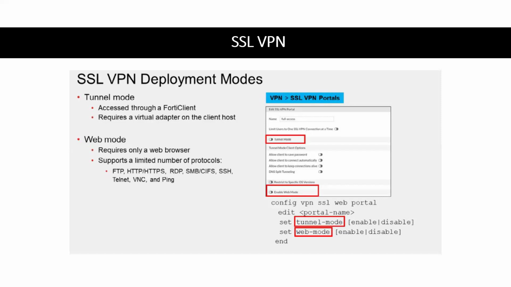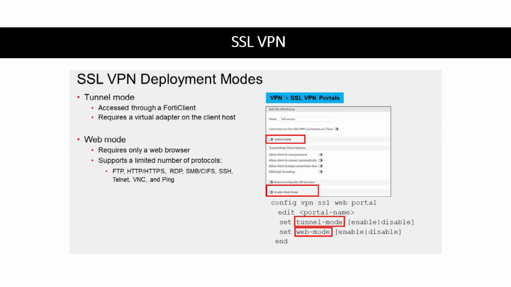Tunnel mode supports mainly all the features. More specifically, you're on your laptop, there's no other application you need to use. As soon as you log in with the client, you're as if you were on the private network you're trying to reach.